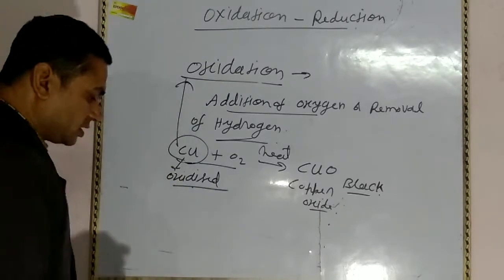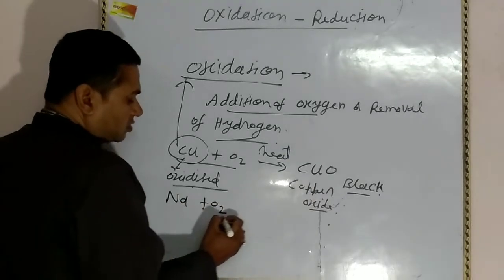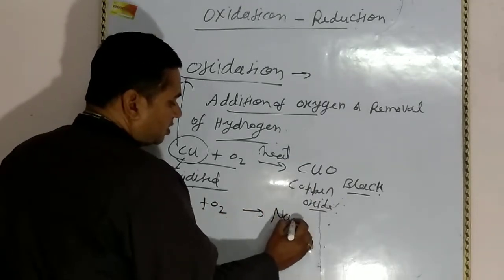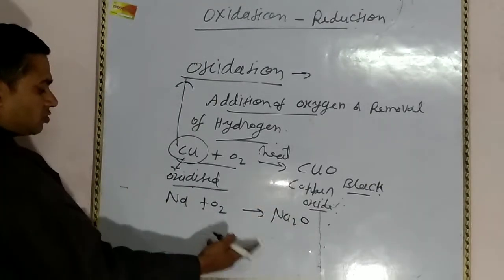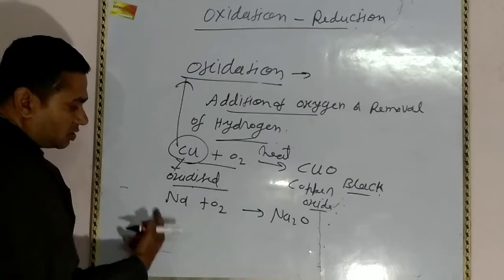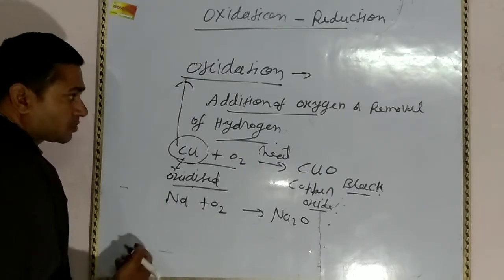Now we take some more examples, like Na. It combines with O2 and forms Na2O, sodium oxide. Here you are seeing an example of oxidation.